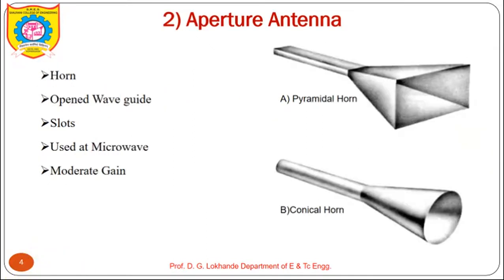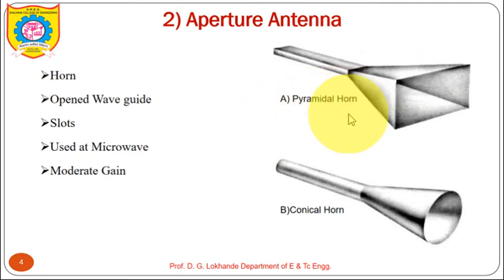Second one is the aperture antenna. In the aperture antenna we use the principle and construction of the waveguide, where this part which is connected to the antenna is called the waveguide, and this is the opening end of the waveguide. Normally the shape of that is the horn, and that's why it is called a pyramidal horn.